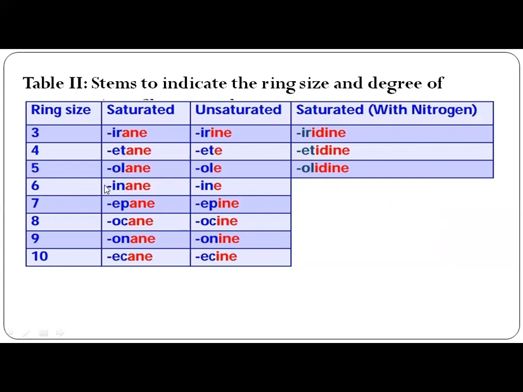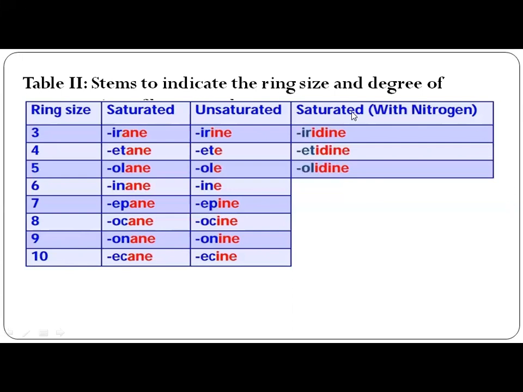For 6-member, it will be inane and ine. For 7-member, it will be epane and epine. For 8-member, it will be ocane and ocine. For 9-member, it will be onane and onine. And for 10, it is ecane and ecine. It depends on the ring size as well as its saturation.